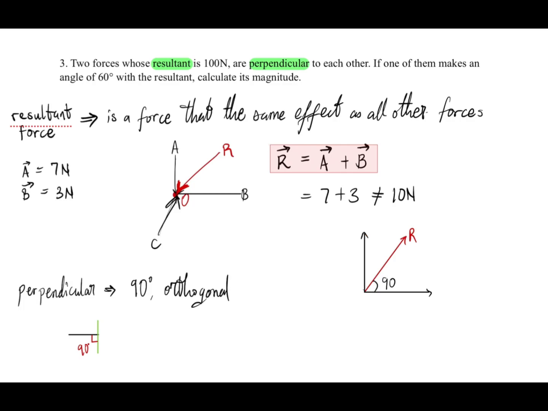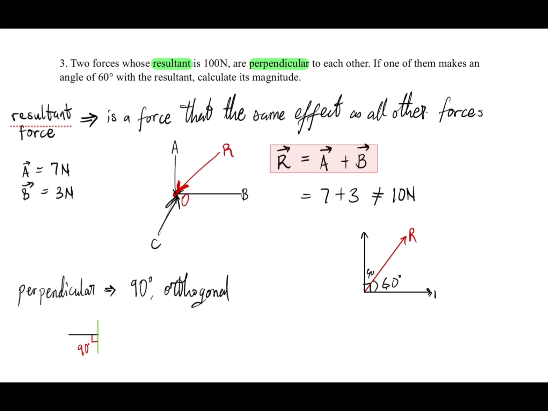Sorry, this is not 90, it's supposed to say 60 degrees, because the question says if one of them makes an angle of 60 degrees with the resultant. So 60 degrees here, and then the angle between this vector and this vector is 90 degrees.